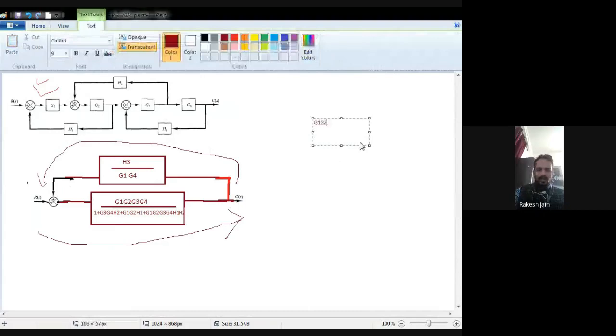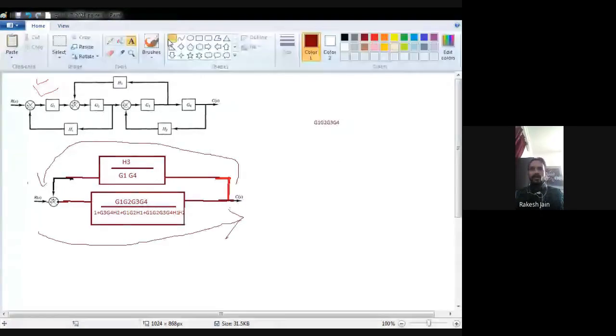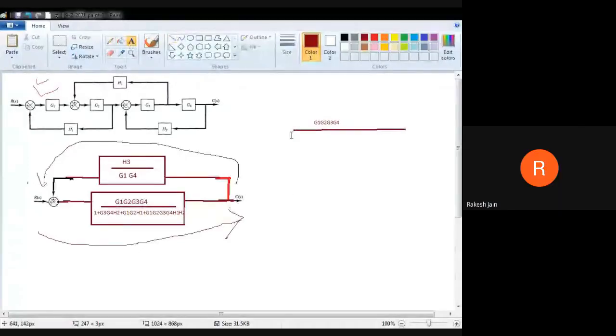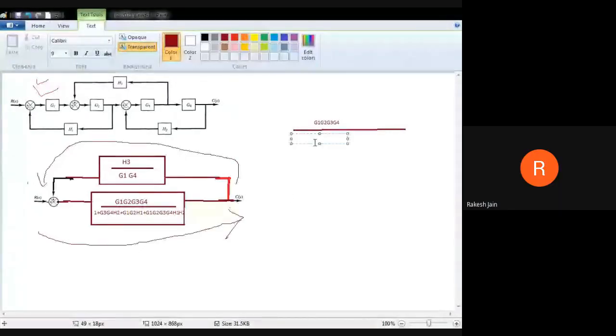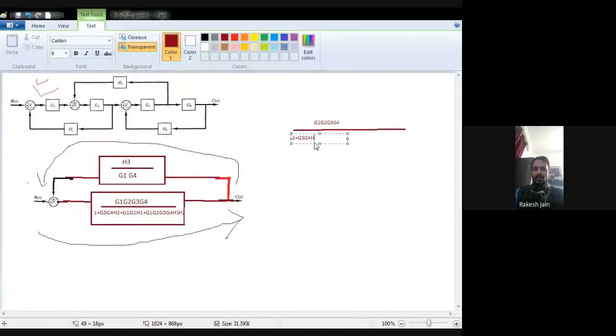So I directly write down with the multiplication 1 plus G3 G4 H2, then G1 G2 H1, then G1 G2 G3 G4 H1 H2. Okay.